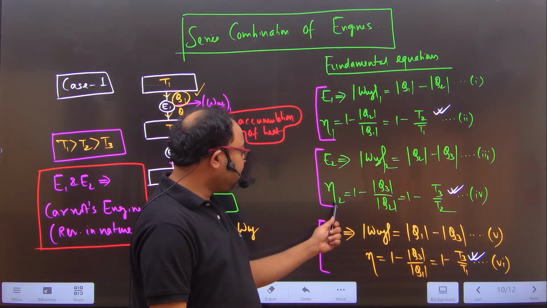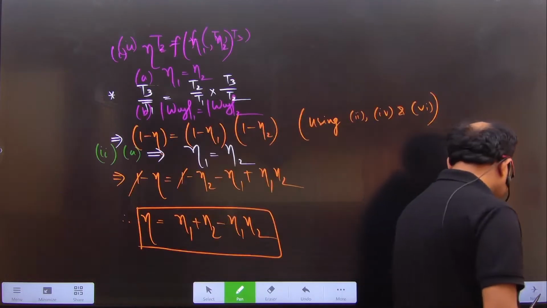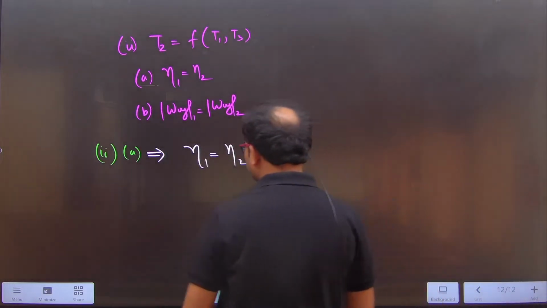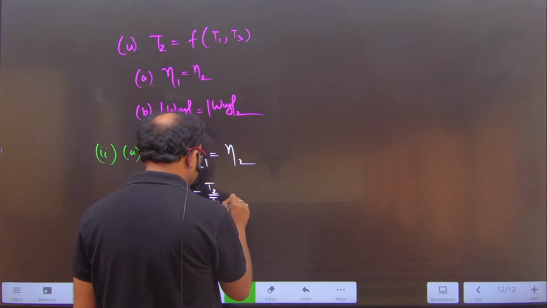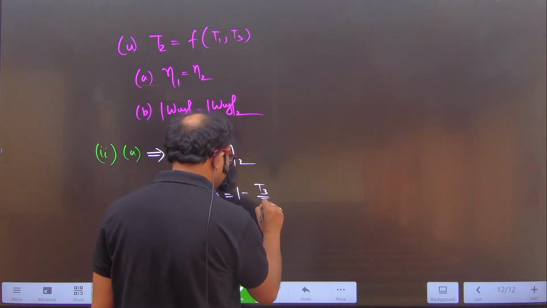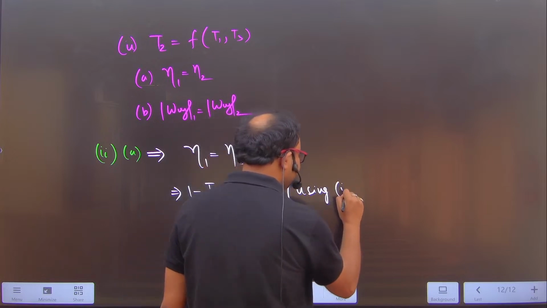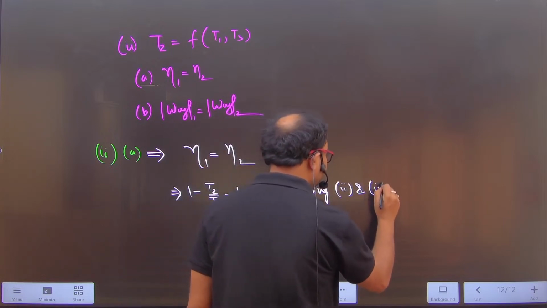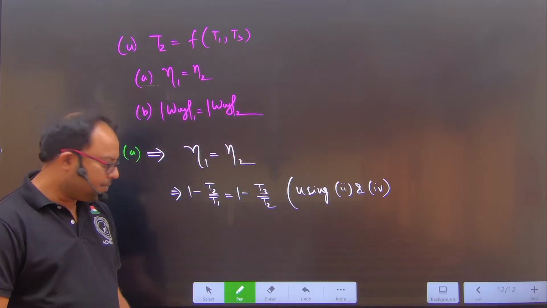And what is the expression of eta 2? 1 minus T3 by T2. Let us equate them. 1 minus T2 by T1 equal to 1 minus T3 by T2, using 2 and 4. Simple.